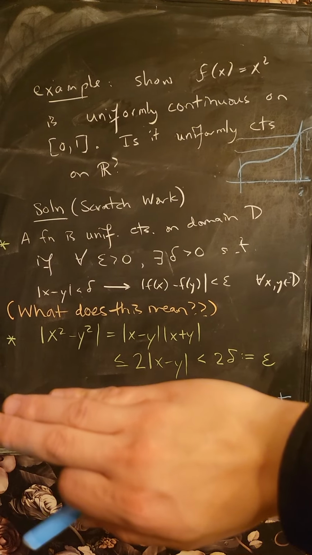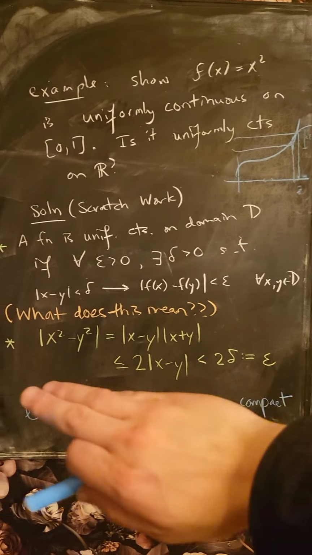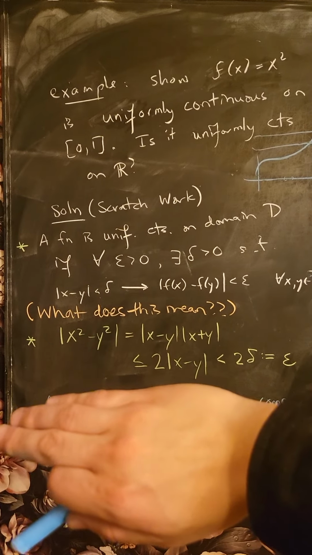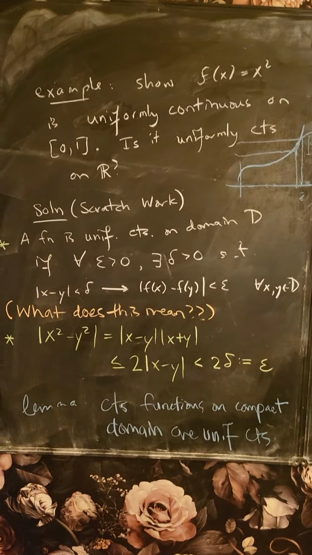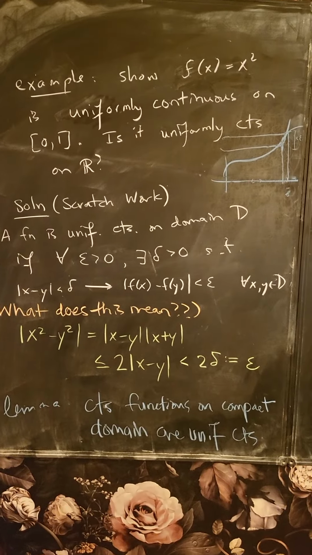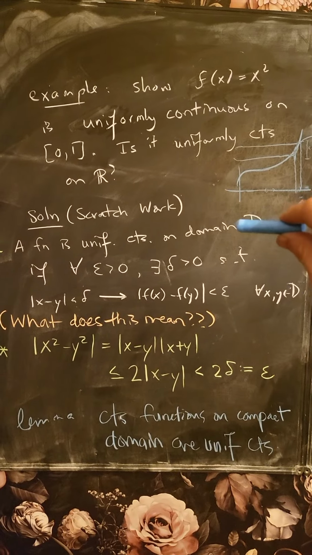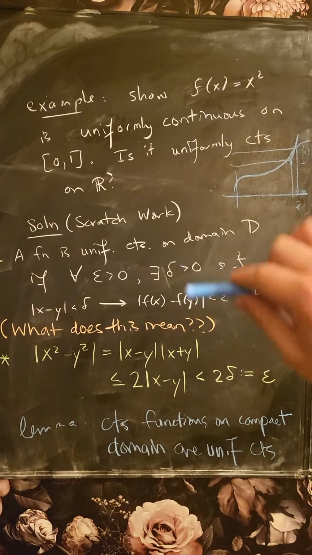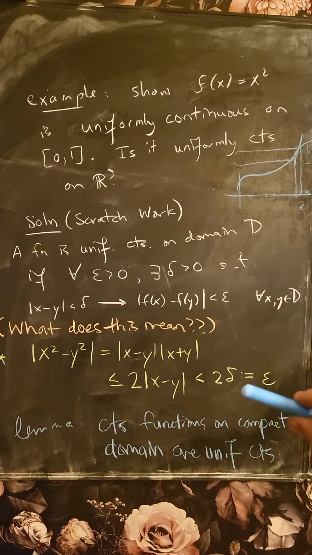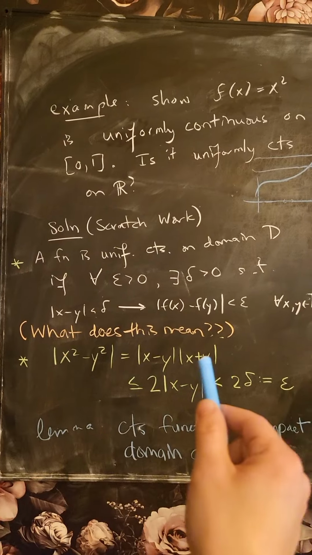But if we ignore this for a moment, then yeah, this algebraic calculation here is exactly what you're going to need to show the uniform continuity of x squared algebraically. But what's interesting is that if you're just a beginning student, you could write out this definition, you could write out this algebraic calculation, and then solve the problem perfectly and get full marks, get 100%, but never actually answer this question in orange.